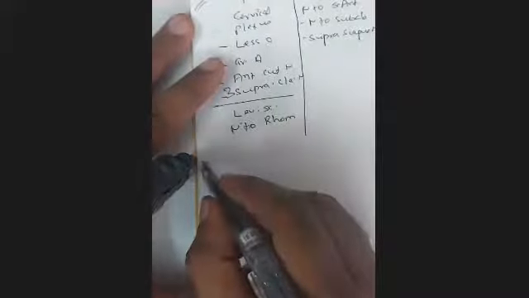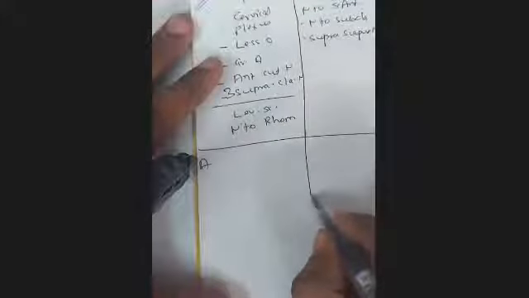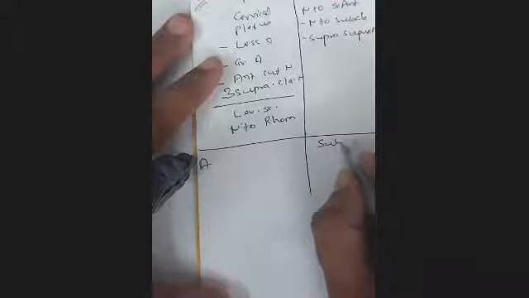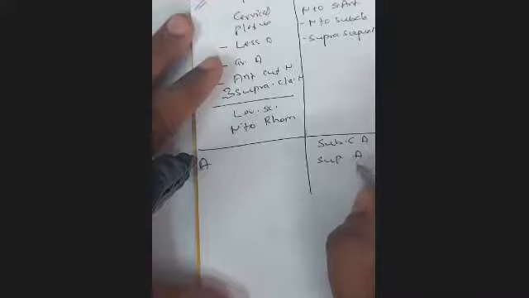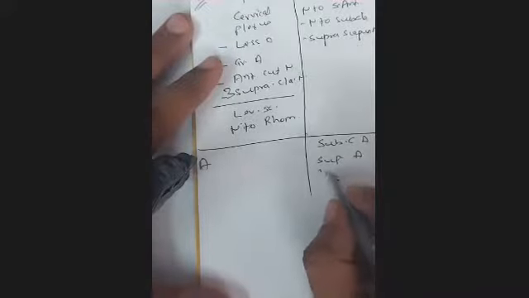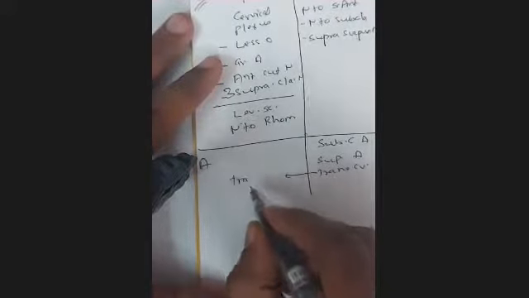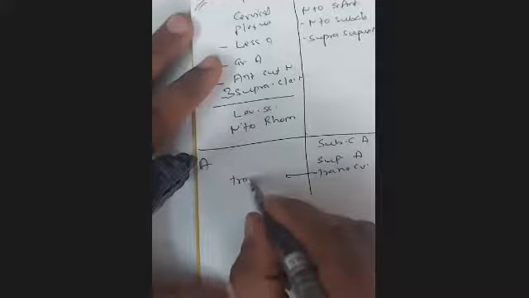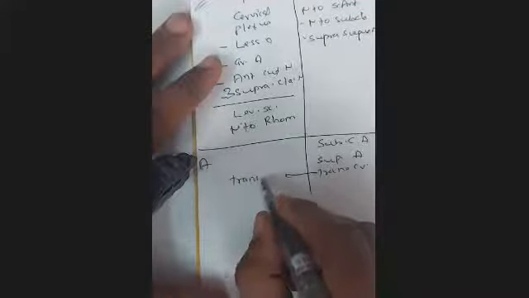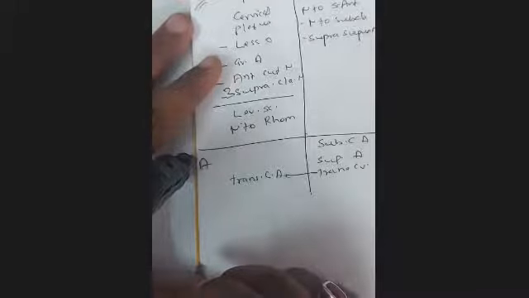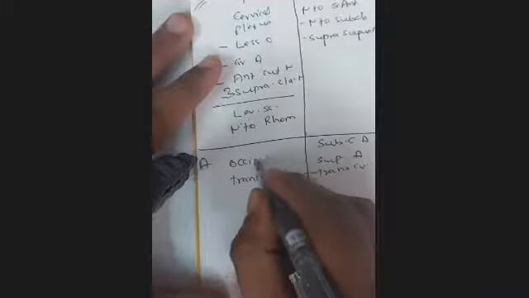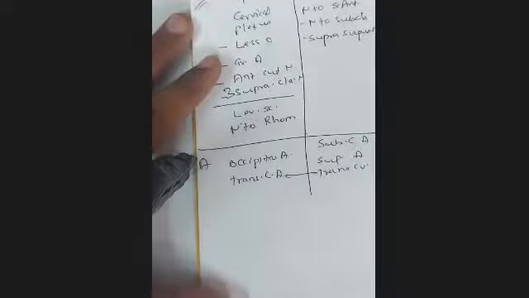Then in the arteries, the subclavian artery will be seen here, the third part. Then there is the suprascapular artery, then the transverse cervical artery. This transverse cervical artery will pass from the subclavian triangle to the occipital triangle, so it will be seen here also. The occipital artery is a branch from the external carotid and it is seen in the occipital triangle.